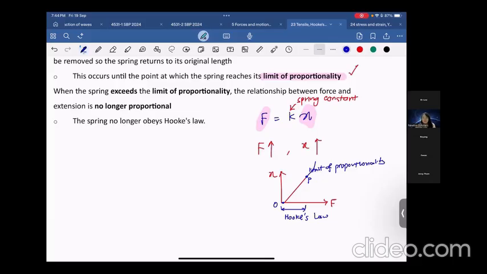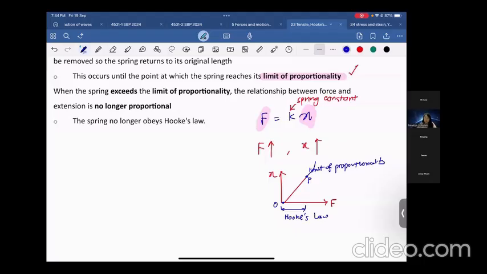But after P, we cannot say that they obey Hooke's law because they start to curve, towards your extension. Because now the spring, with a small force, we can already make it extend a lot. So we need to draw a slight curve towards your x, the extension axis. This is basically also an introduction, and we already know about Hooke's law.